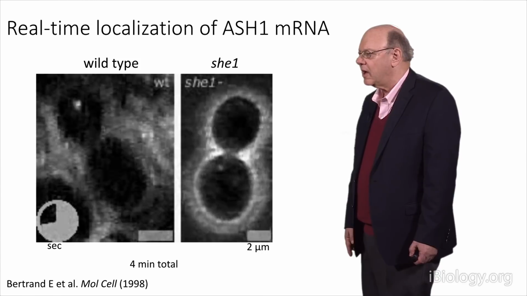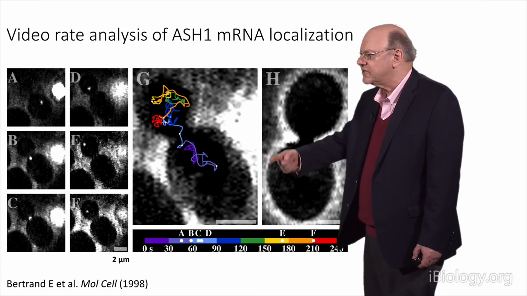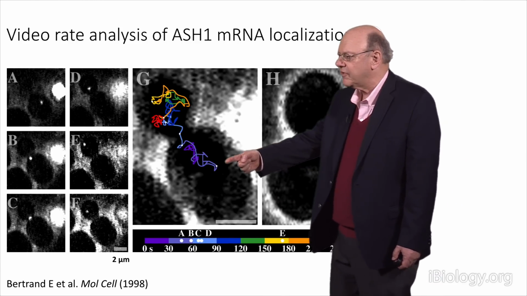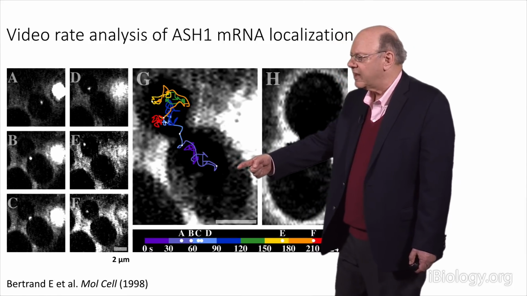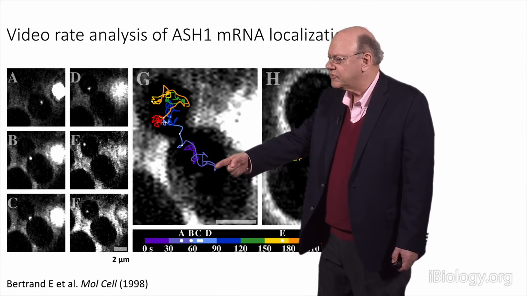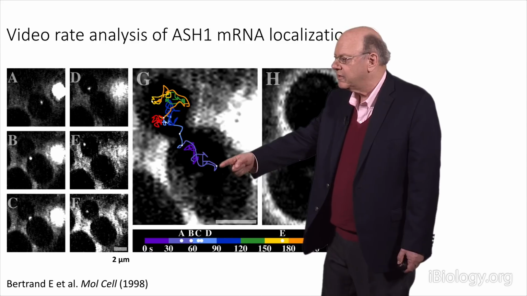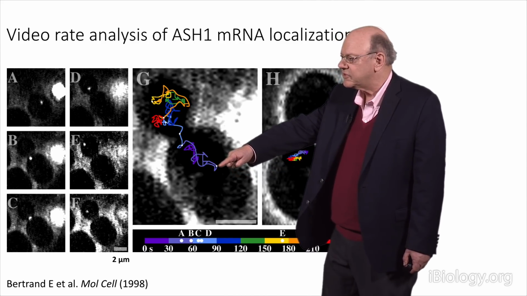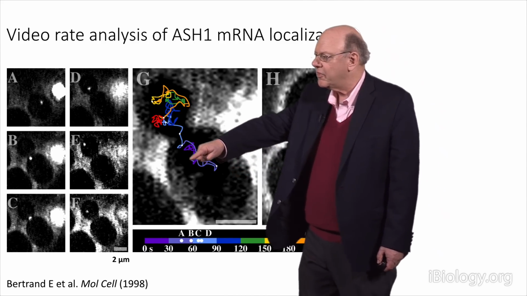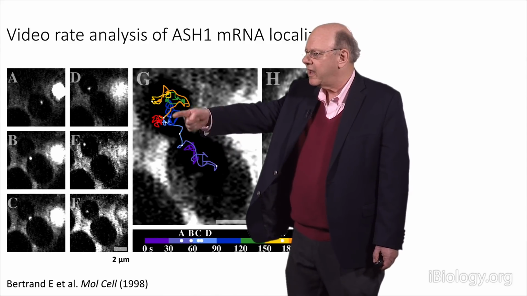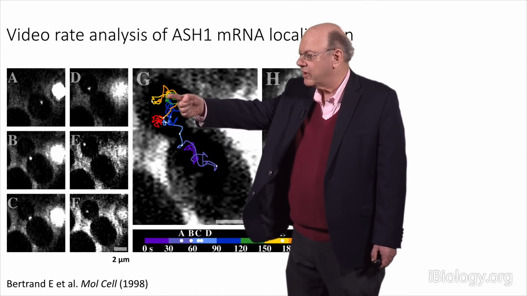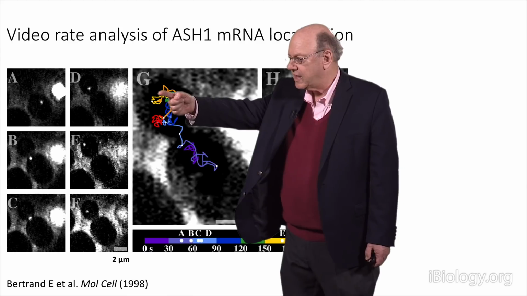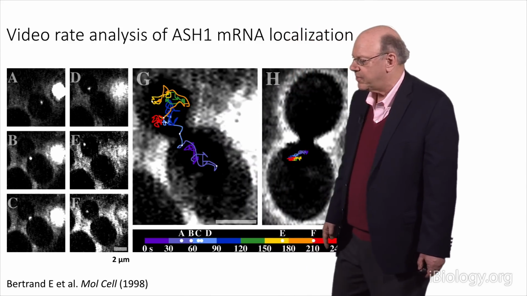Okay, so this is just an analysis of the frames. The RNA diffuses around, then it gets hooked up to an actin filament, so the myosin can carry it all the way up to the bud, and then it falls off the actin, diffuses around and binds to the bud tip.